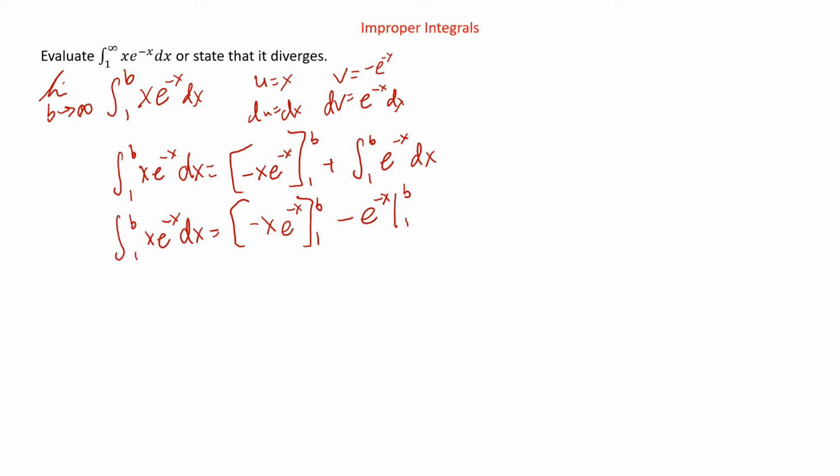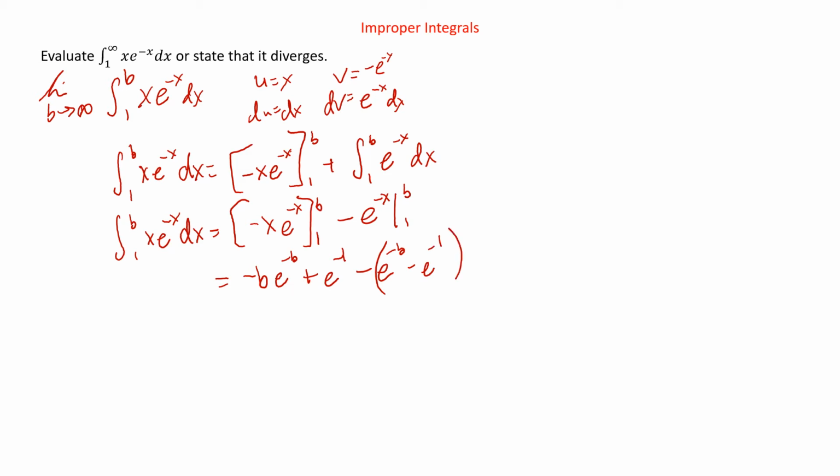So we can plug in b. Plug in b here, we get negative b e to the negative b minus, plug in 1. So minus that negative is going to be plus 1 e to the negative 1 minus, plug in b, e to the negative b, minus, so minus e to the negative 1.